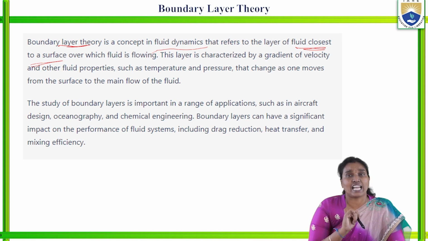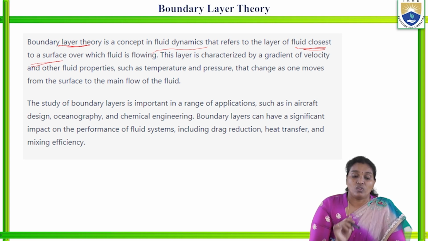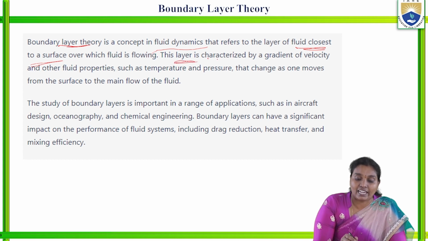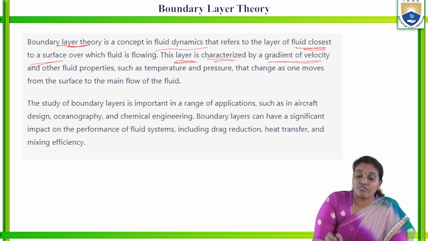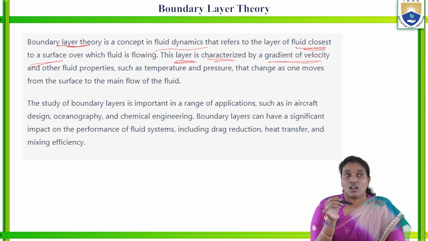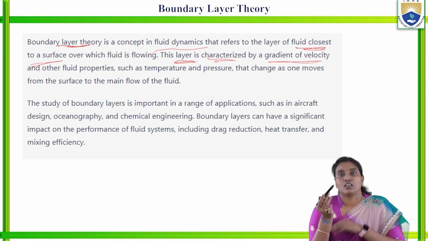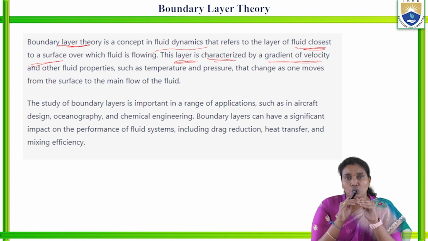This layer is characterized by a gradient of velocity. It depends on how the object is moving and the various conditions. For example, a normal boat driven by a person, where one person manually pulls the rod, and motor boats show the difference.